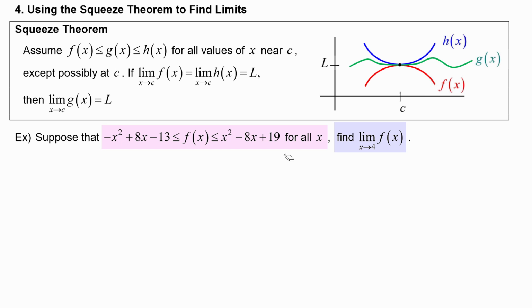So since we want to find this limit, and we are given this inequality, which is true for all x, what we can do then is take the limit as x approaches 4 of all three pieces of the inequality.